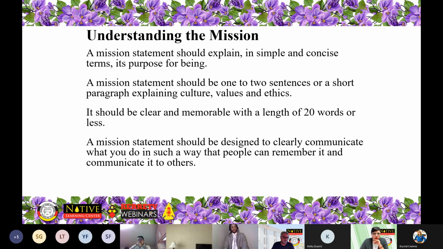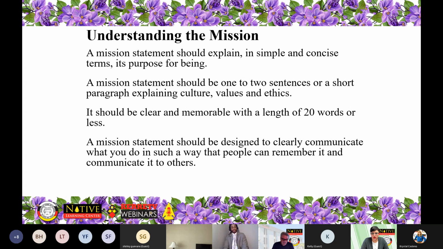So as it says there on the screen, the mission statement should explain in simple and concise terminology as much as possible what the purpose of the organization is. The mission statement should be, in my opinion, probably no more than maybe 2 or 3 sentences. The more we can consolidate the mission, but get the point across of what we're trying to do, the better off we're going to be.